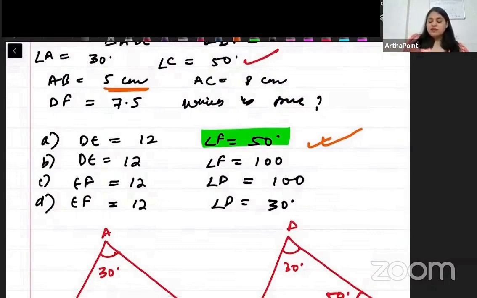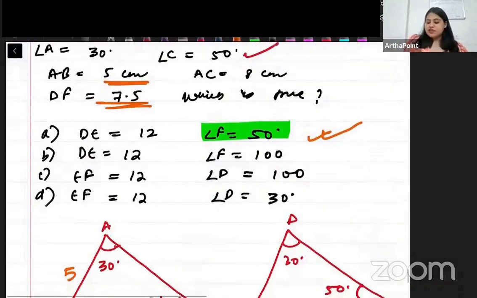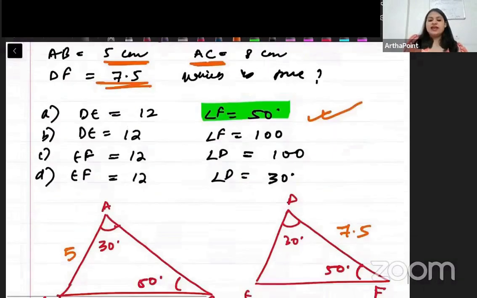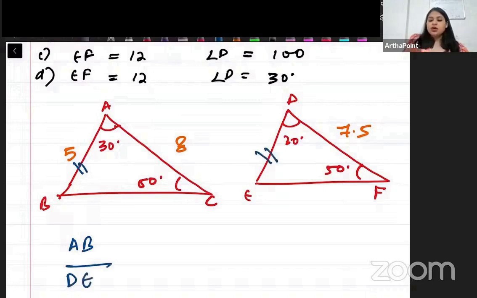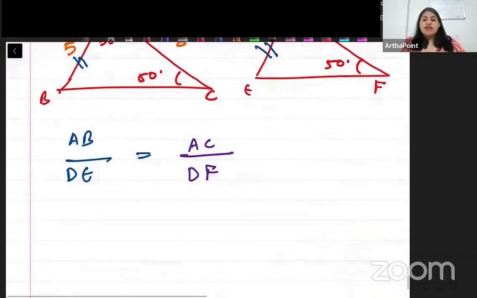So AB is 5 centimeter and DF is 7.5 centimeter and AC is 8 centimeter. So beta, we know that AB by DE should be equal to AC by DF because they are similar triangles. So sides have to be in the equal ratio.